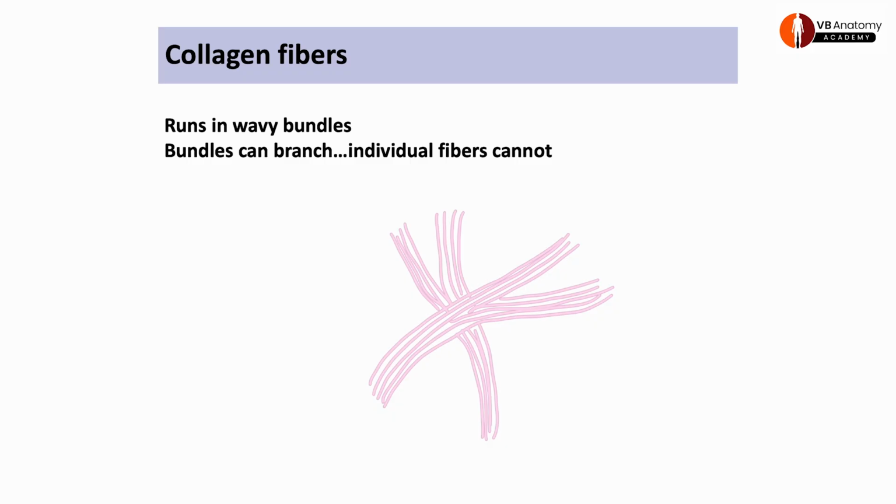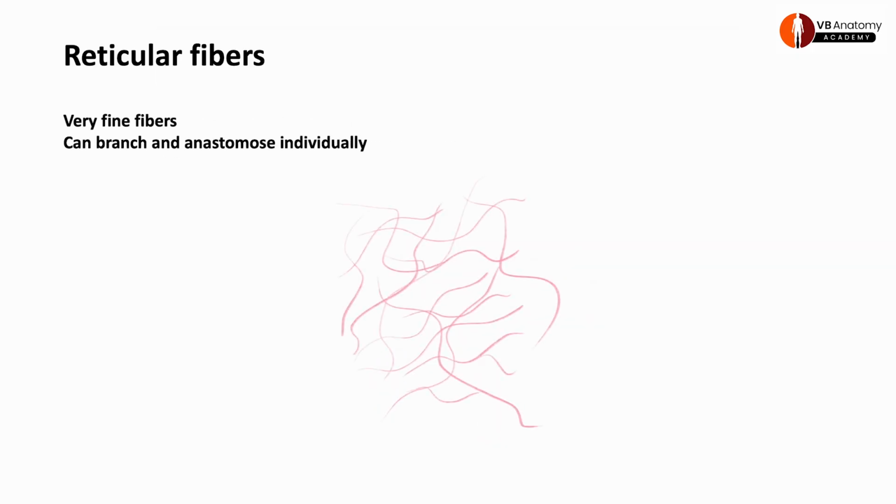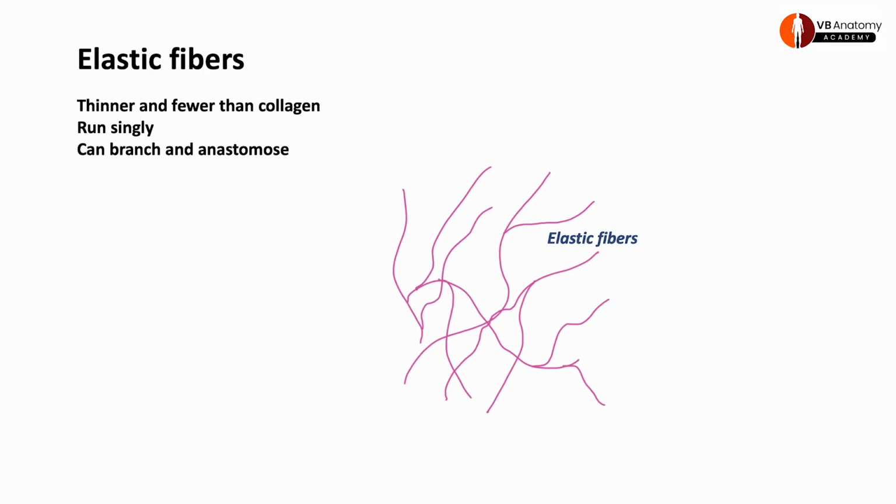Just take a look at the images. Very fine fibers, they're also a type of collagen fibers. These are reticular fibers. Elastic fibers are thin, fewer than collagen fibers. They run singly, they can branch and anastomose. That completes our requirement of some knowledge about cells and fibers.